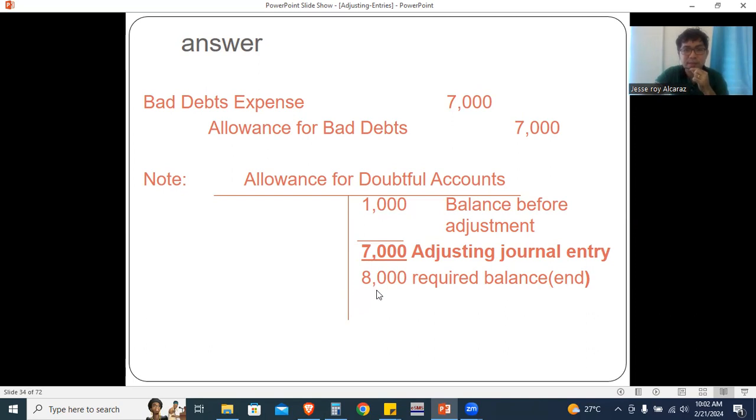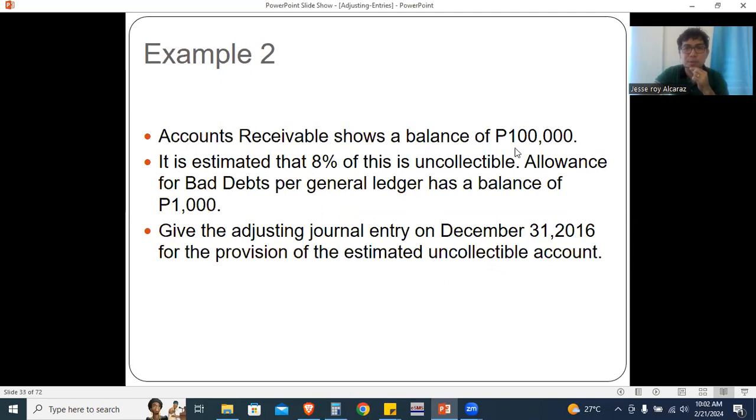Okay? So again, balik ta ha. 100,000 ang accounts receivable. Ang estimated doubtful accounts is 8%. So, at the end of the accounting period, mag-reflect dapat ang 8% as our allowance for bad debts or doubtful accounts.